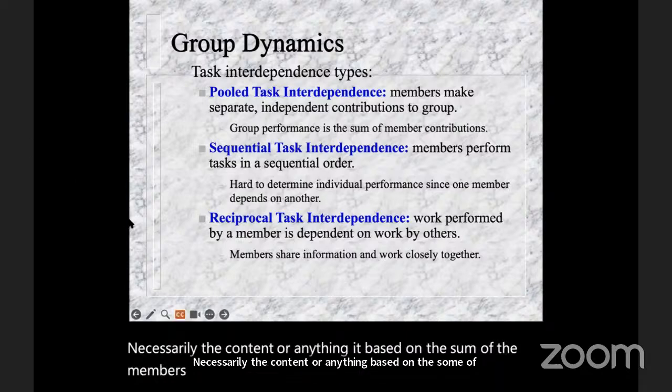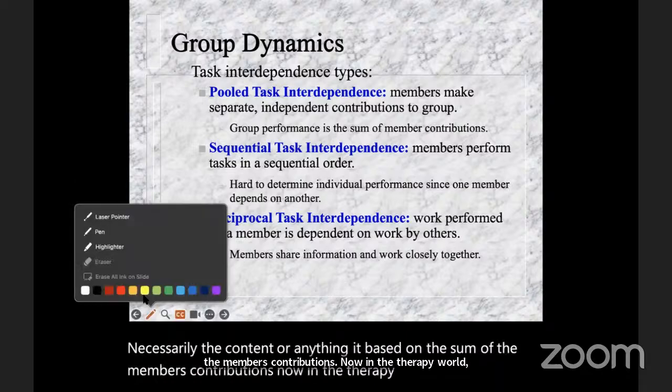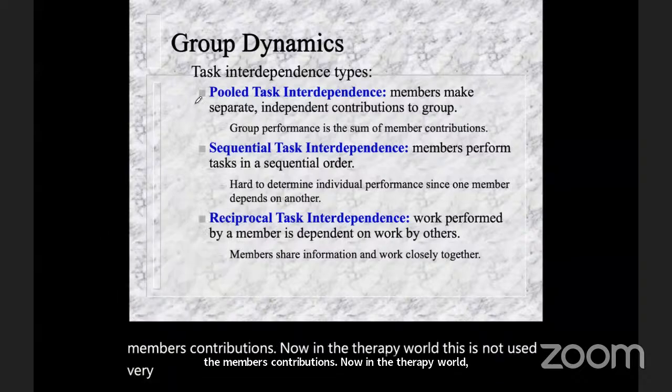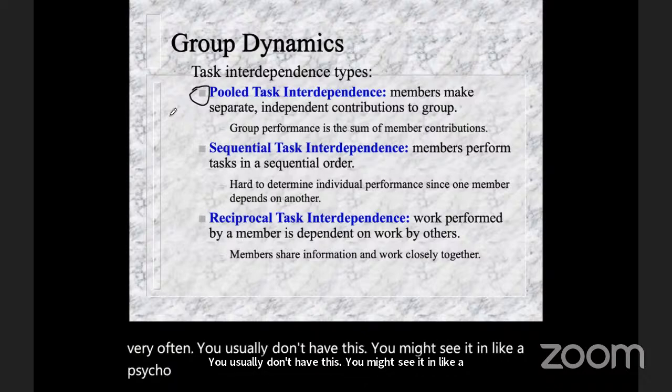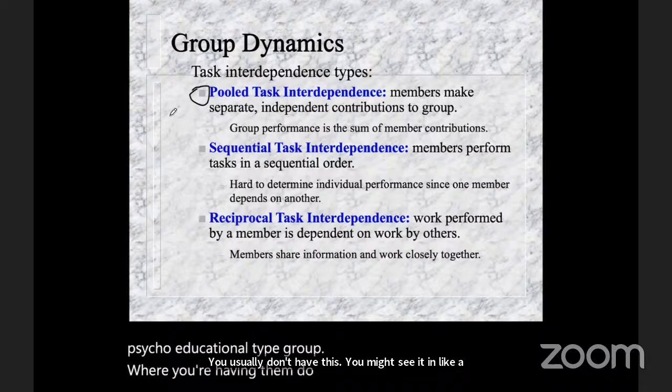Now, in the therapy world, this is not used very often. You usually don't have this. You might see it in a psychoeducational type group, where you're having them do a task and each of them has to bring a component.